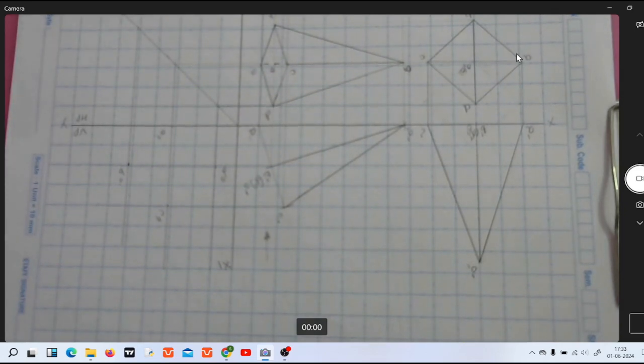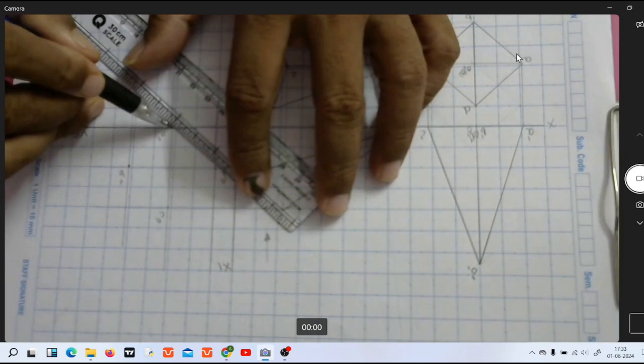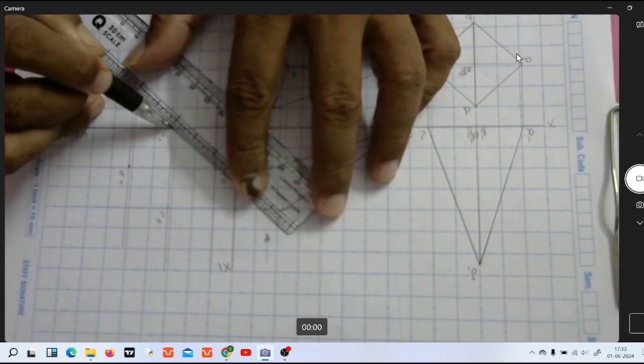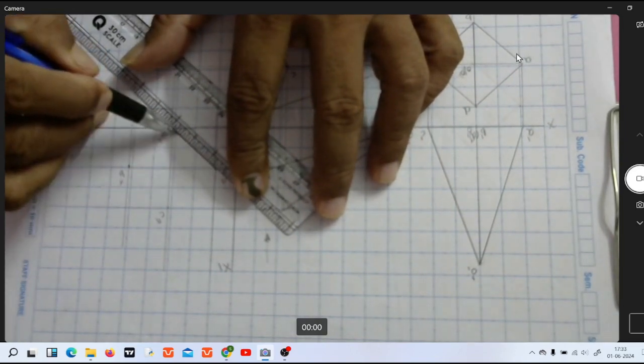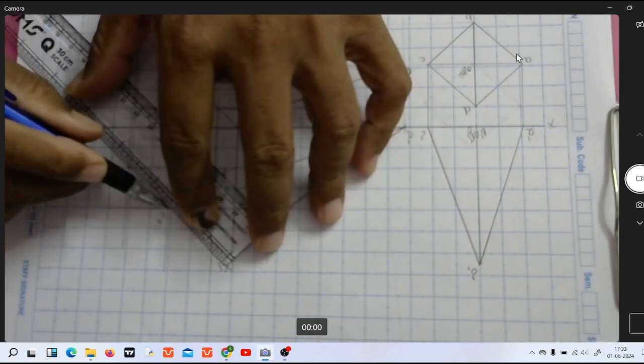Now first you complete the base view. So now the base view is going to be clearly visible as it is a pyramid. When you look from the left side, the base view is clearly visible. Let us construct the base view first.